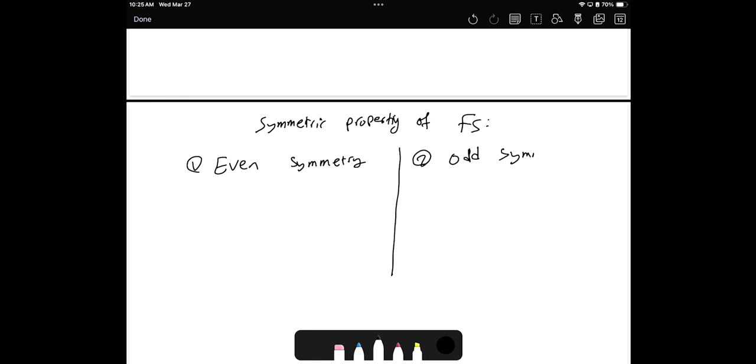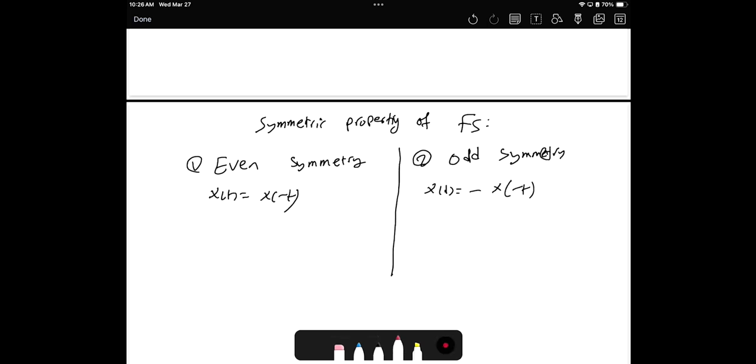We already discussed this during the first month of this course. What does even symmetry mean? x of t equals x of negative t, right? Is this correct? Yes. What does odd symmetry mean? When x of t equals negative x of negative t.